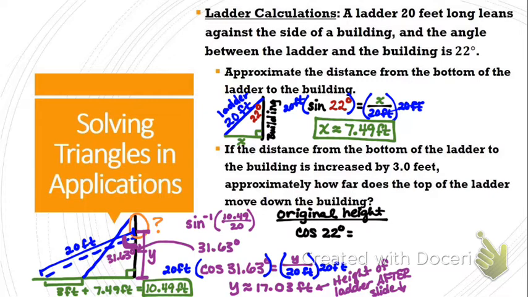Are you guys okay if I call it h? Okay. So I'm calling this right here h. H over 20 feet. So then I multiply both sides by 20 feet.